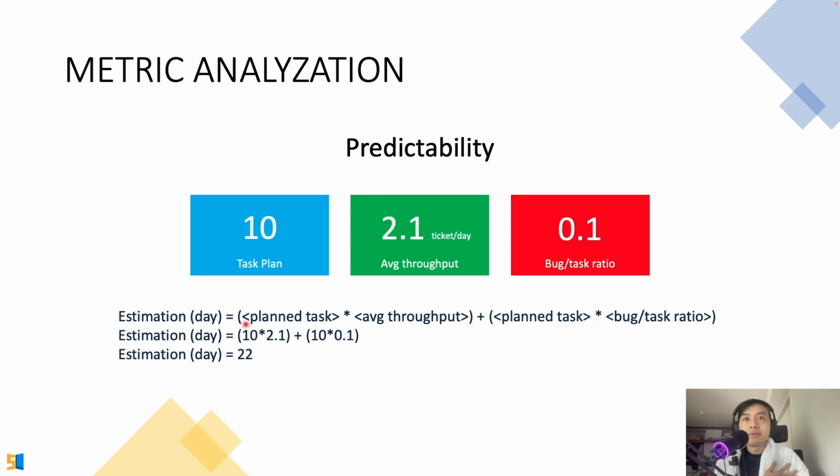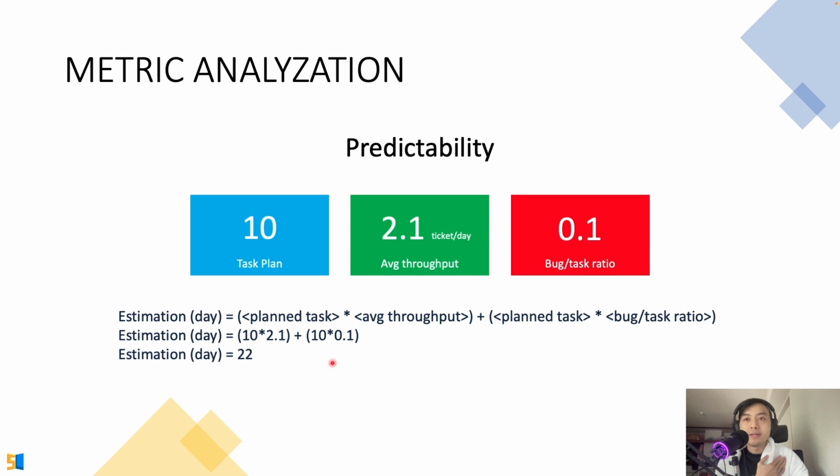For our example, planned tasks is 10, and then we multiply with 2.1, that's our average throughput, plus 10 times 0.1. So we have our estimation of 22 days. Okay, so 22 days to finish 10 tasks. That's our prediction based on our historical data.